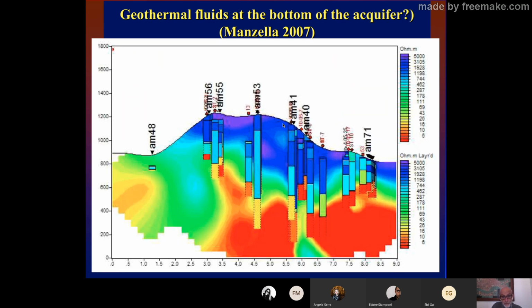In 2007, still Manzella, using magnetotellurics, created this cross-section of Amiata in which you find the vertical magnetotelluric logs. In magnetotellurics, you measure the resistivity of rock, and red means very low resistivity, green means intermediate resistivity, and blue to purple means very high resistivity.